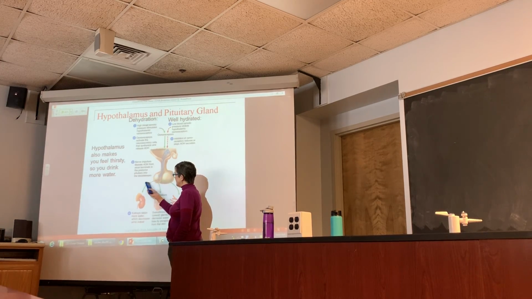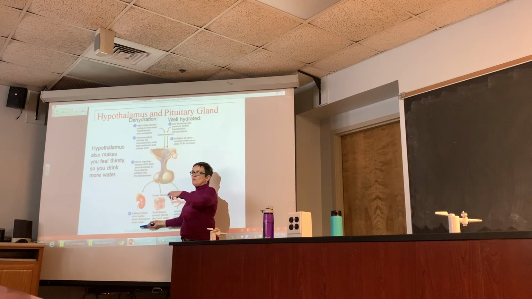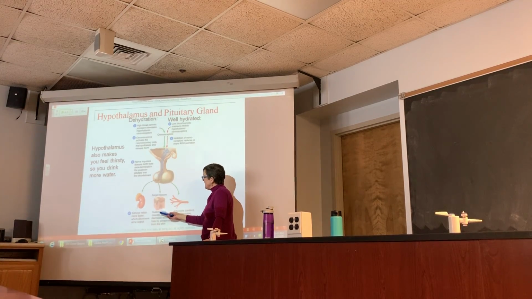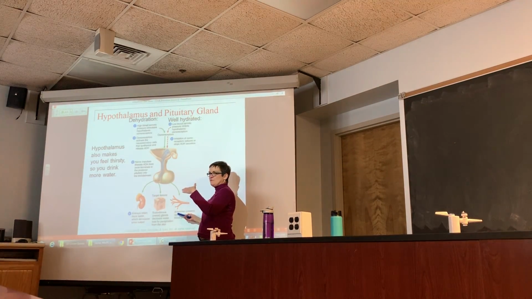ADH has different effects. One is it stimulates your kidneys to absorb more water from the filtrate before you urinate, and makes your urine more concentrated. This is why when you're dehydrated, you have concentrated urine. It also stimulates your sweat glands to decrease sweat production to hold on to fluid, and it stimulates vasoconstriction of arterioles to increase blood pressure, because dehydration can cause not only a drop in blood volume, but a drop in blood pressure.